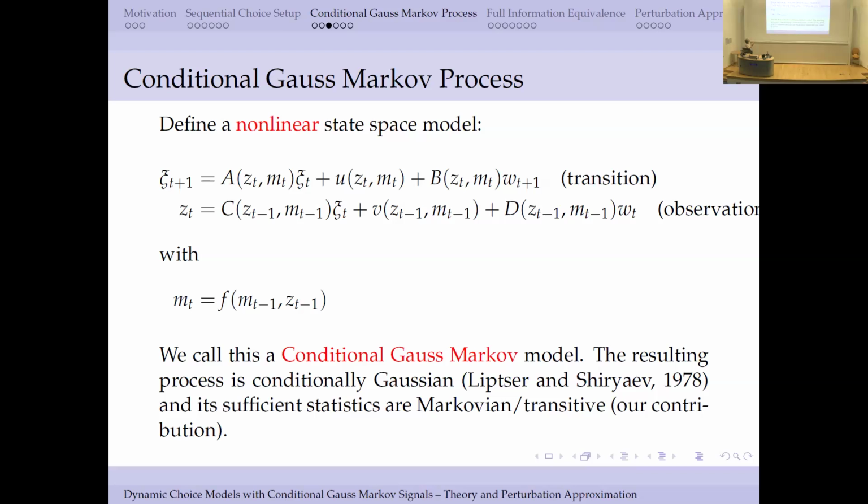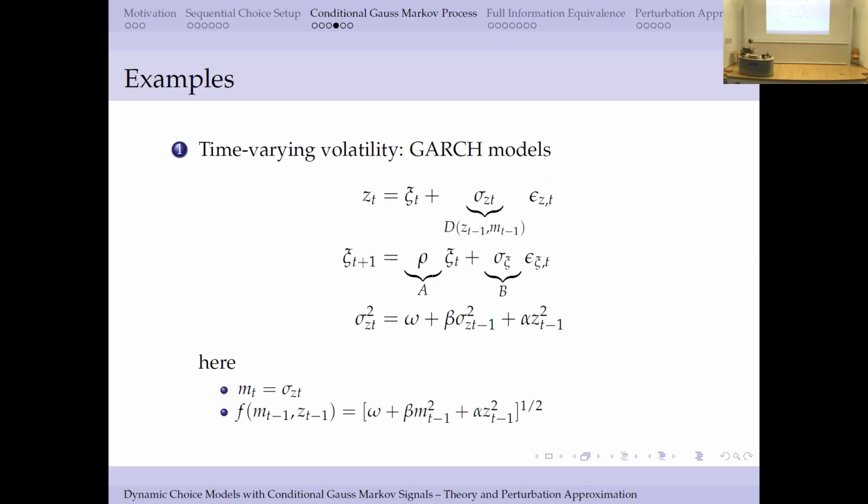However, we added this additional structure through these M variables that guarantees the Markovianity of the sufficient statistics. So the added part then gets to the name of Gauss Markov.